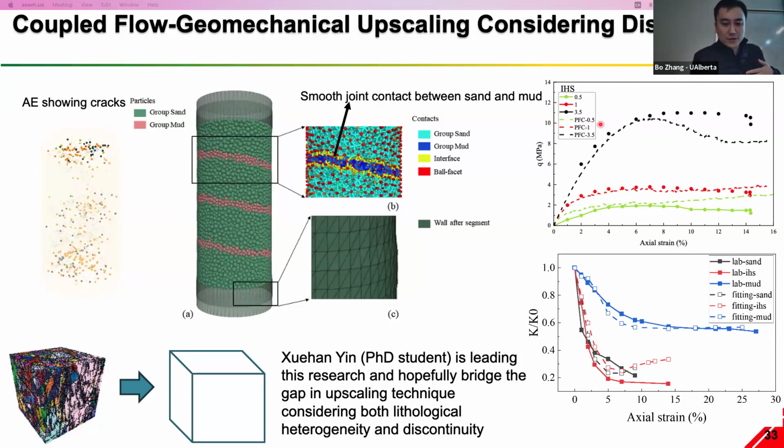And we also took the results that Masood did back in 2022 in his thesis. She is able to match, or kind of match, the stress-strain behavior and also the permeability change using these PFC models.